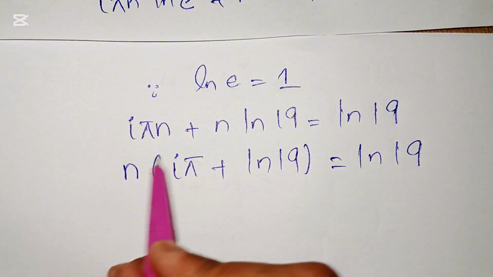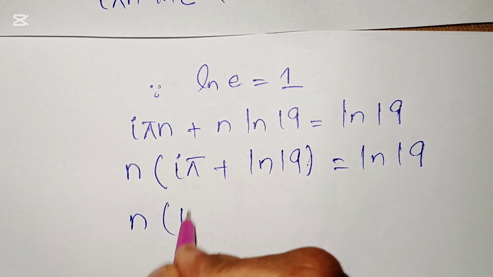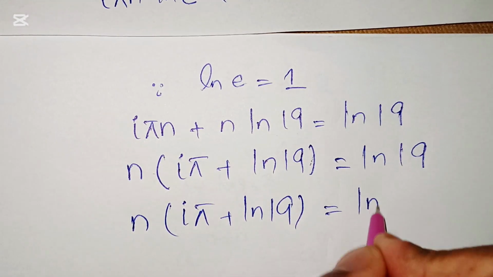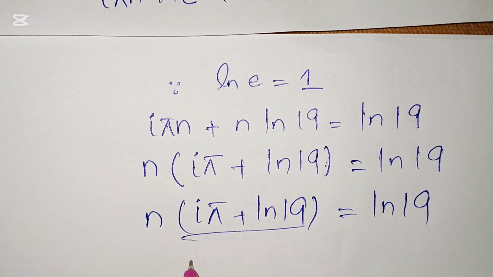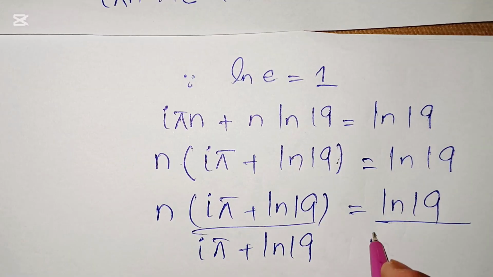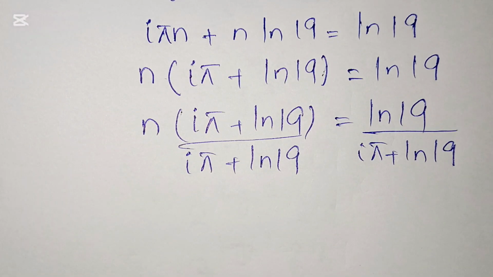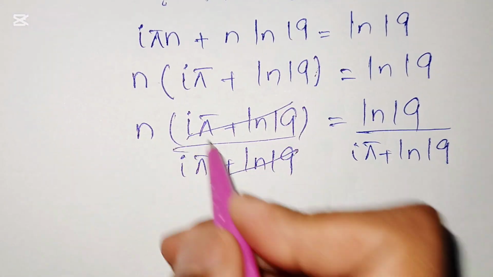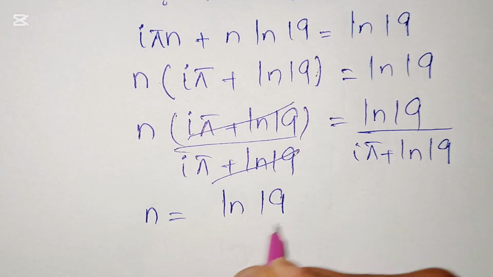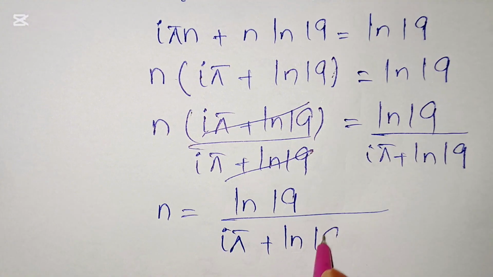Now we will divide this whole term on both sides of the equation. n times i pi plus ln of 19 equals ln of 19, i pi plus ln of 19 and i pi plus ln of 19. This cancels with this. We get n equals ln of 19 over i pi plus ln of 19.